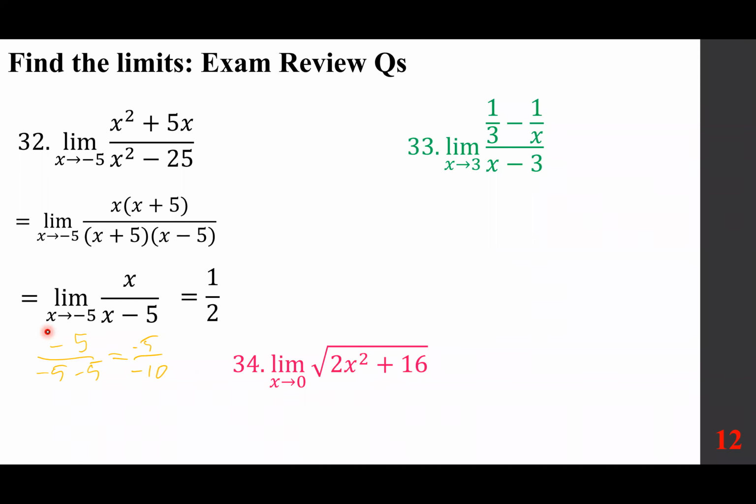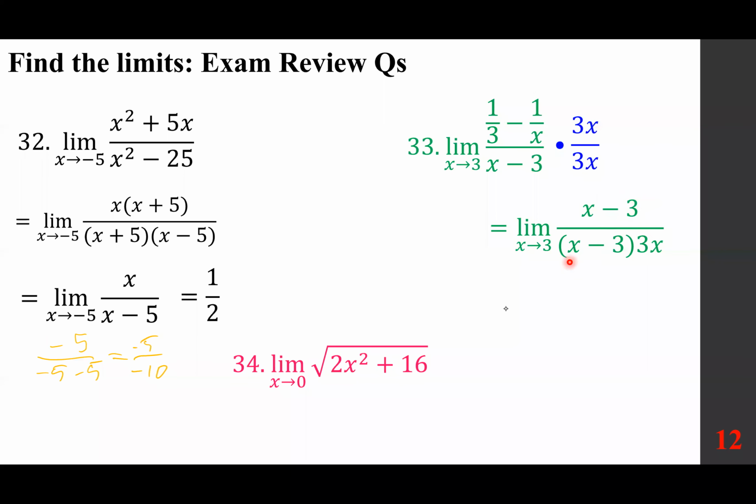All right, for the next one, I hope you remember we did this technique. Remember, plug in, you get 0 over 0, class, 0 over 0, okay? If you don't get 0 over 0, you can finish up the work. But the 0 over 0 technique is LCD. So when you multiply this by 1/3, you get x minus 3, and you multiply it by 1 over x, you get 3.